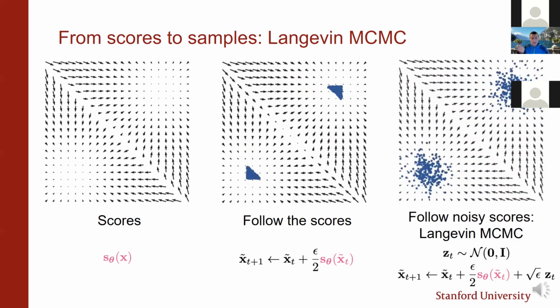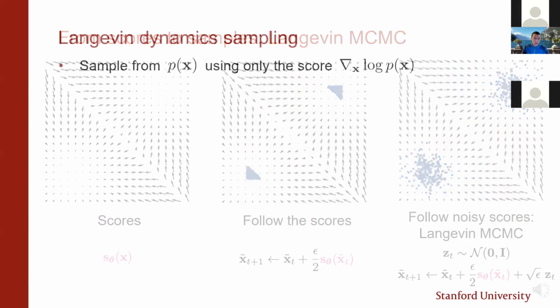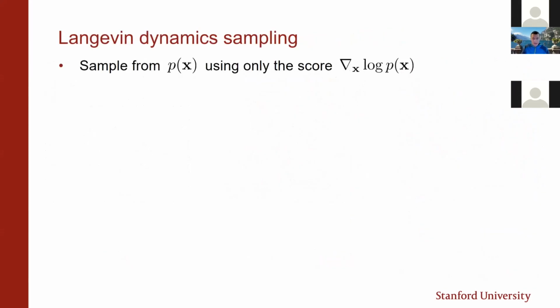To the extent that your vector field of scores is close to the true data density, you're going to get a reasonable sampler. So that's the procedure. You want to be able to sample from a data density when you only have access to the score. You would initialize a sample any way you want based on some initial distribution.